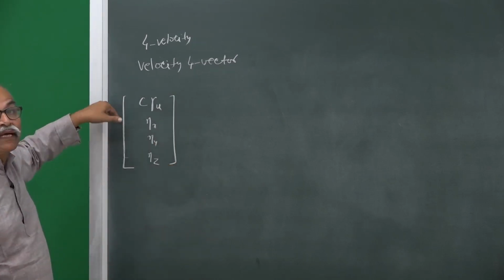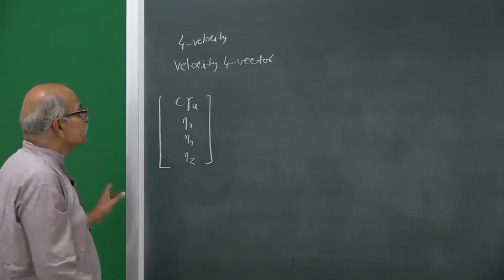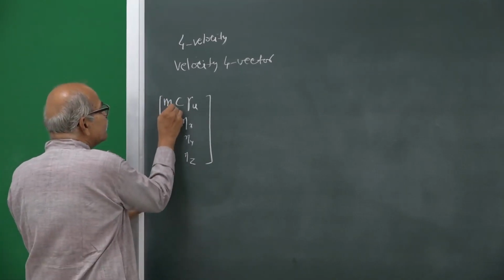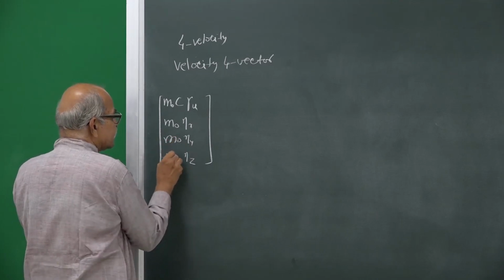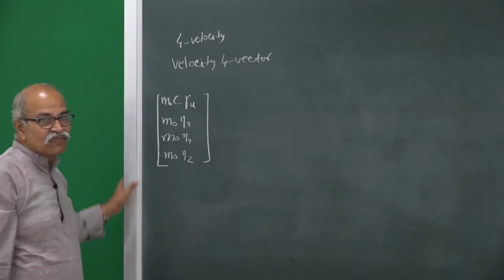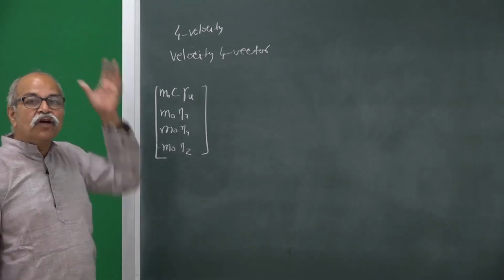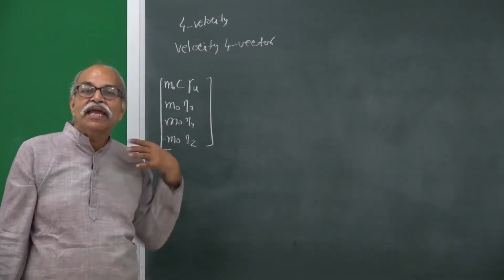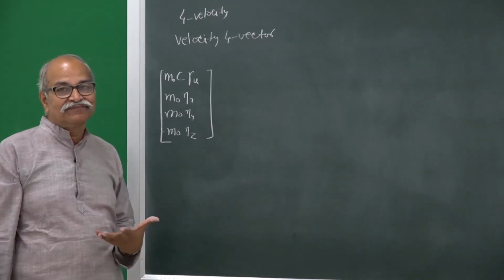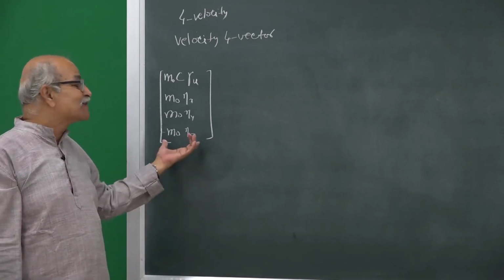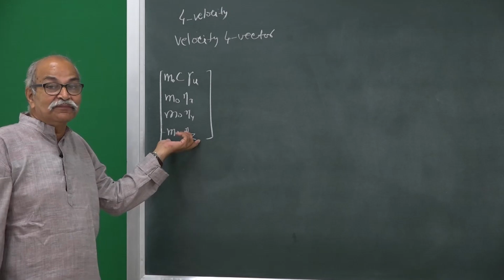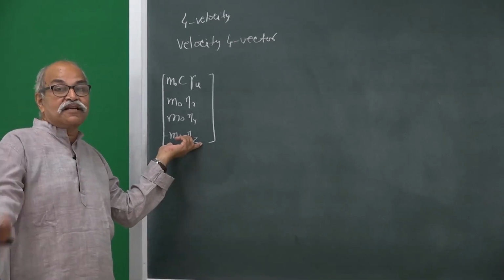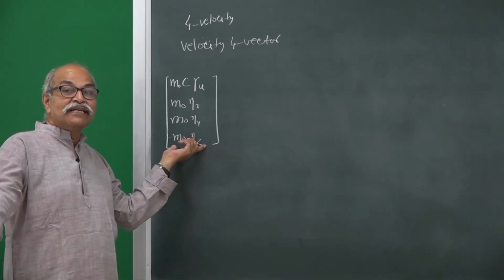Multiply it by the mass of the particle, so that you put an m naught here, m naught here, m naught here and m naught here. All components are multiplied by the same constant quantity. And therefore, this is also a 4 vector, it has to be a 4 vector. It will also transform according to the Lorentz transformation when you go from S to S prime.